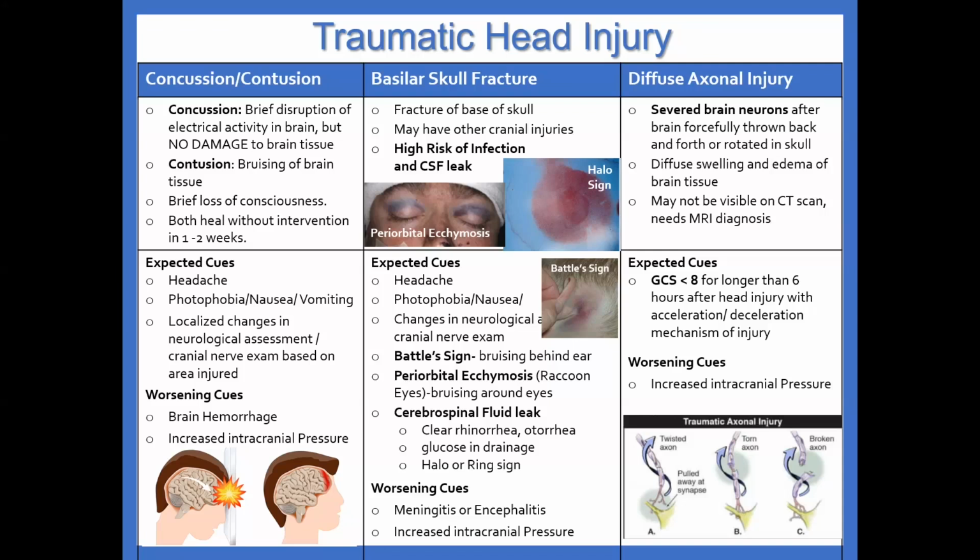Or you can put a little piece of gauze or tissue under the nose and it will halo. And that's a picture of what it halos. Halo means that this was the drainage and then it will halo out. And do you see this on the outside? CSF will have that double ring. It will have an extra ring on the outside because the glucose travels a little bit further.